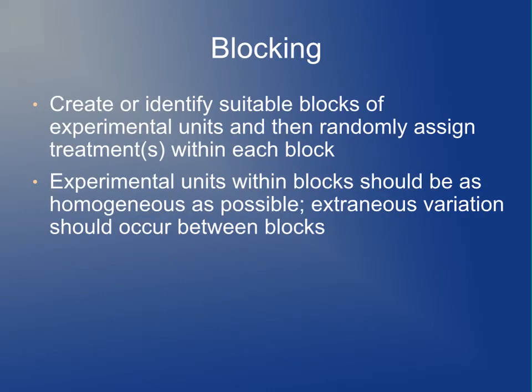And so you try to find suitable blocks of experimental units that are similar to one another, and then you randomly assign the treatment or treatments within each block. You want to try to make the blocks as homogeneous as possible. You want the extraneous variation, the variation unrelated to the treatment, to occur between blocks rather than within blocks.